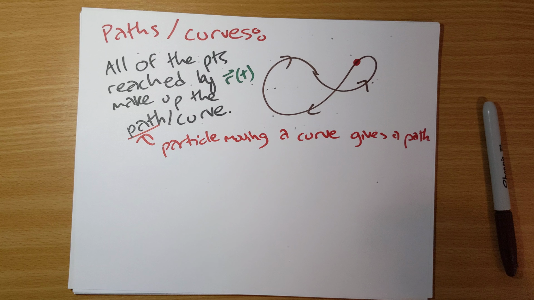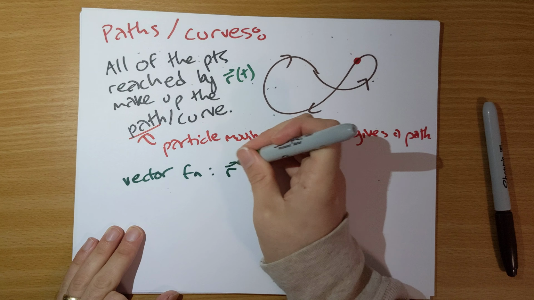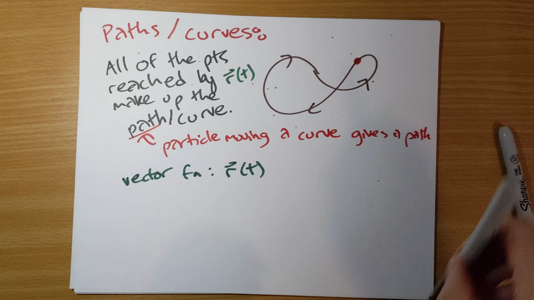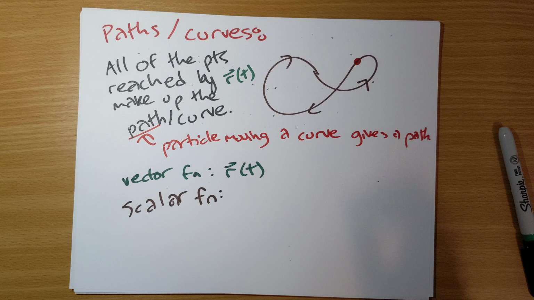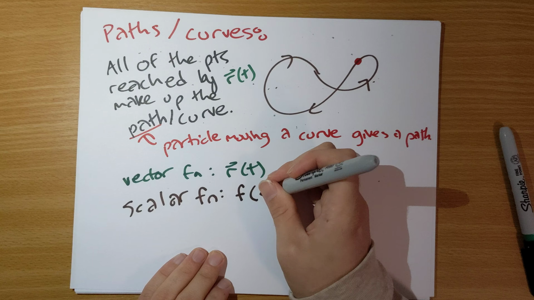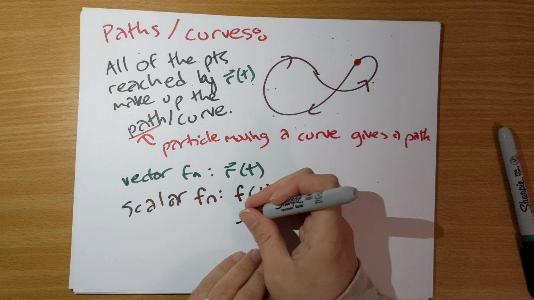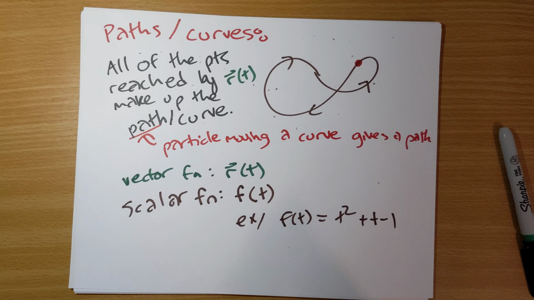A couple more comments to make in this video. We have vector functions, where a vector function would be r of t. I'm going to start using on occasion the term scalar function, which would be like f of t, the usual function that you've been spending so much of your life studying here. f of t equals t squared plus t minus 1, or something like that.